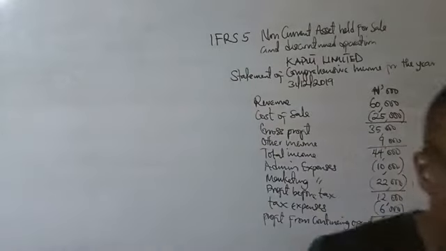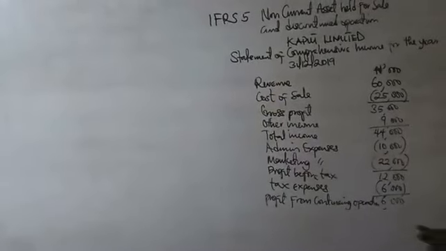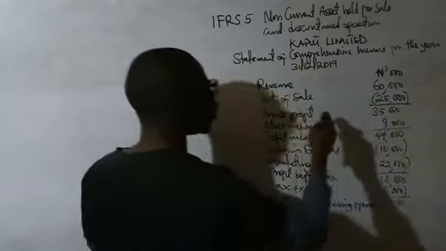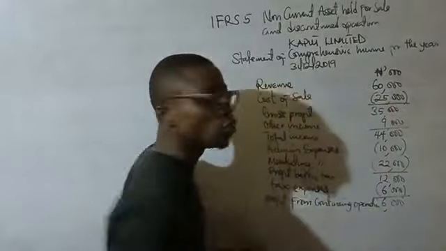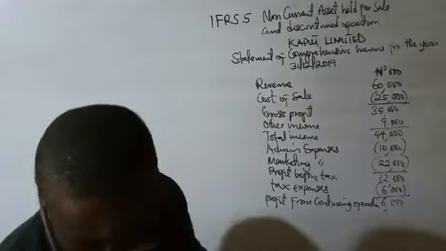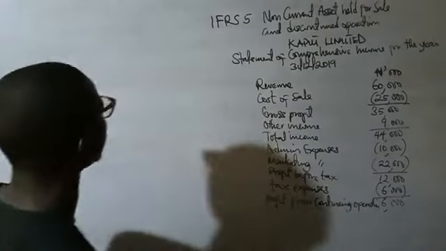So you need to calculate your profit or loss from discontinued operation now. Because the revenue that we have made here is not part of the closed branch, you need to calculate the profit that was made on the closed branch separately. Look at it now.